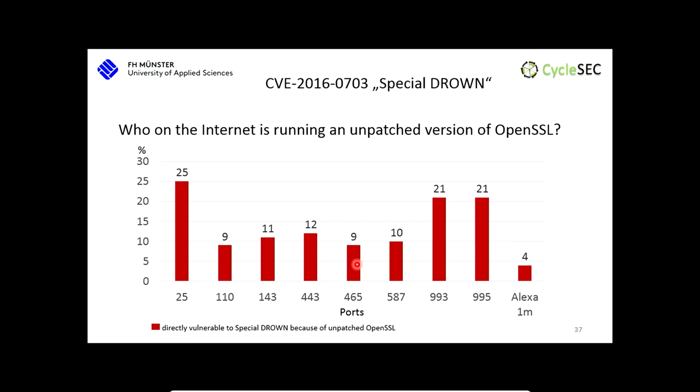This is the amount of internet hosts that run some kind of encryption and use OpenSSL that is more than 1 year old. So these people don't really patch. And when you compare this to the number of servers that are vulnerable to DROWN, you will see that most of them are OpenSSL actually, right?